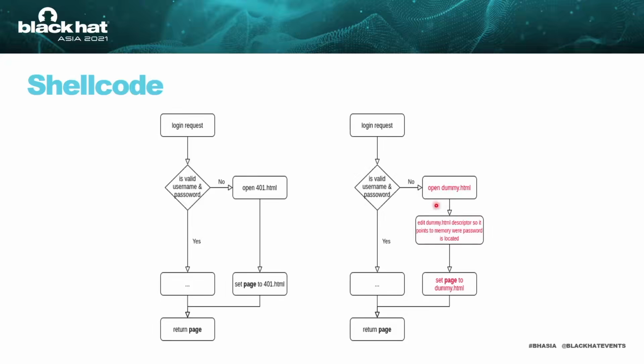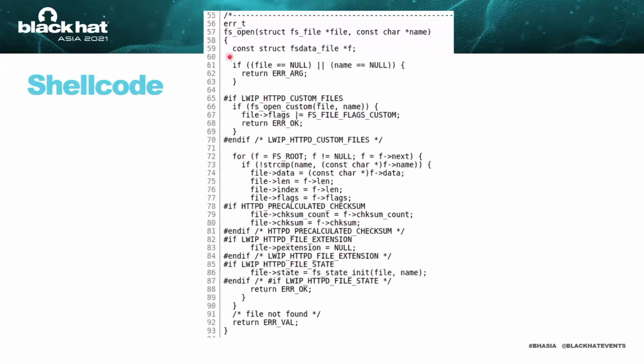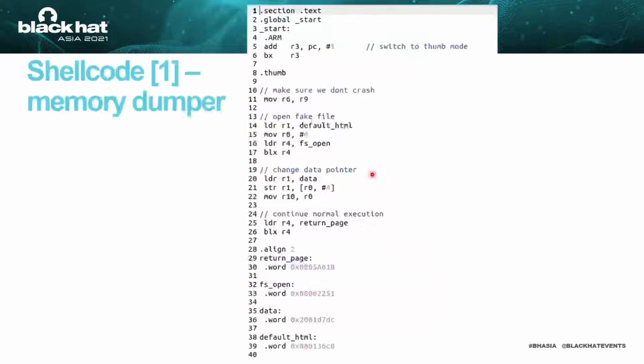So we'll open whatever page, and then we'll edit the pointer to the data, so the device would return that new modified page, which is essentially the password from memory. That's how the fs_open function, the original function from LWIP, looks like. You can see it sets all of this data in the descriptor in here, and all we want to do is modify this pointer.